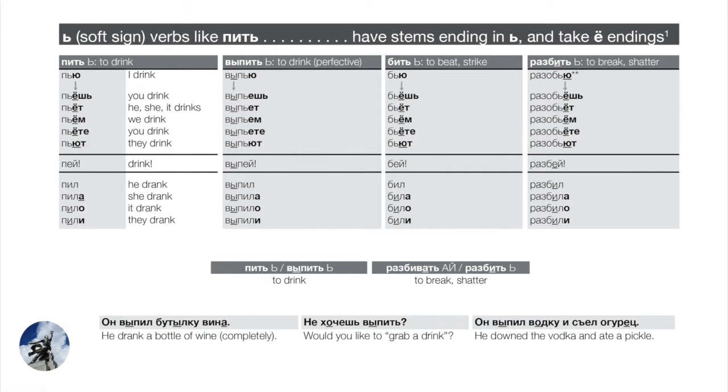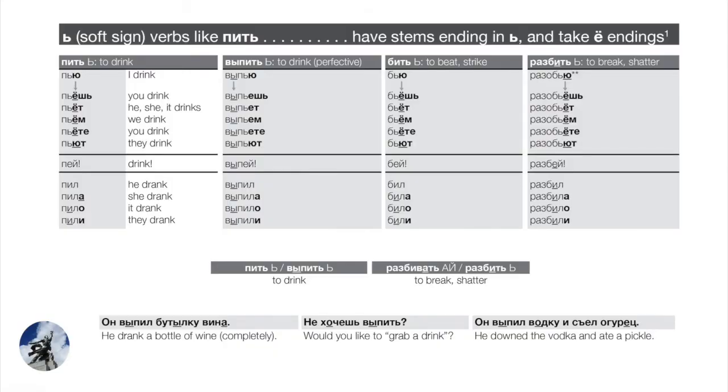Totally regular. Okay, let's get a perfective form, meaning to completely break something. So to break, to shatter. This means literally, раз, the prefix, means in all directions, like apart. Divergence. And so the idea here is we're hitting something such that it kind of flies to pieces. So we could think of this maybe as shattering.